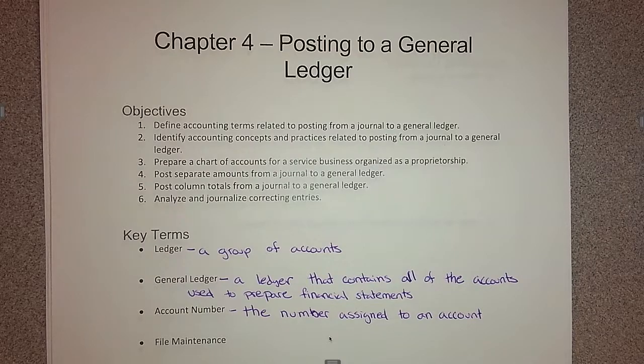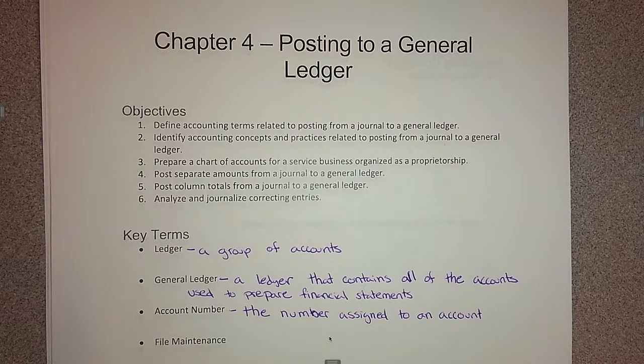Ledger is just a group of accounts. General ledger is a specific type of ledger that contains all accounts used for financial statements. And an account number is the number assigned to an account. And yes, I understand that we use the term in the definition. Oh, and the people that love English hate that right now.